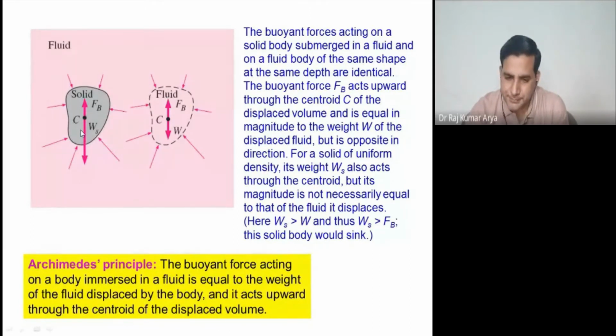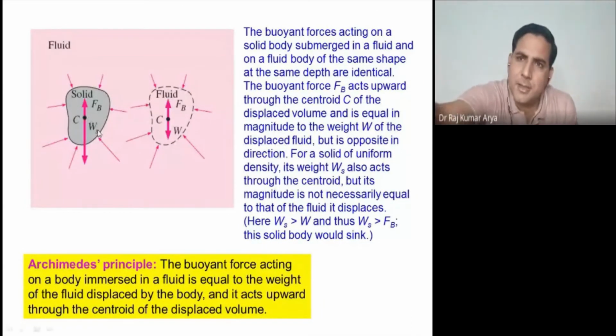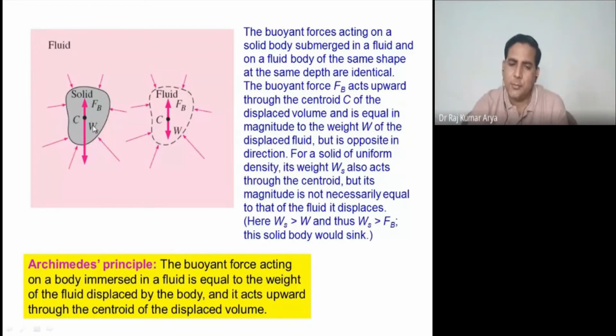Okay. So whenever the body force is more, meaning the WS is more, it will sink. Whenever this FV is more, it will go upward. And whenever both are equal, as in this case, wherever you dip it, it will remain there only.